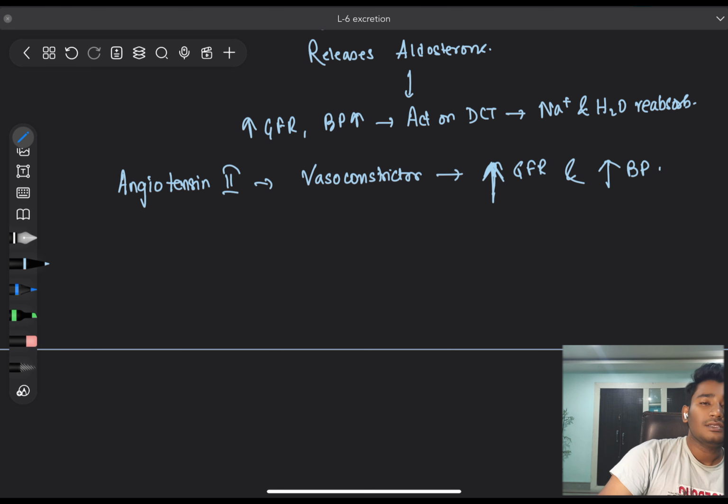Okay, that's the function of angiotensin 2.